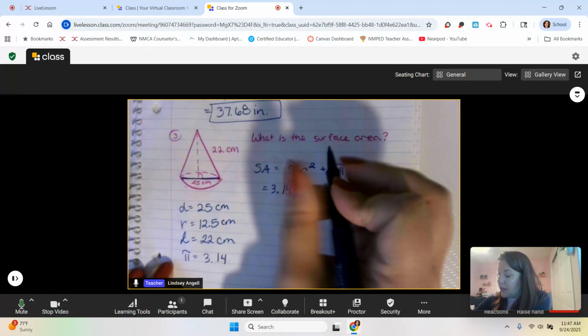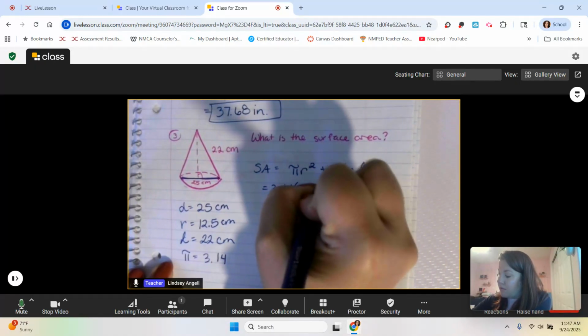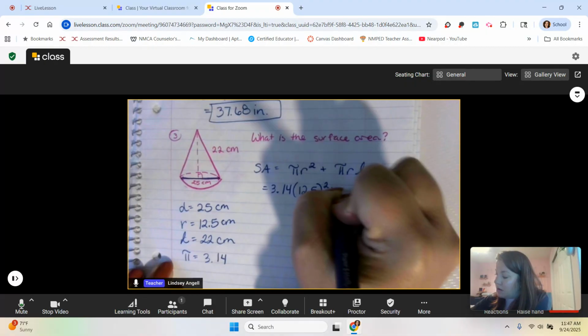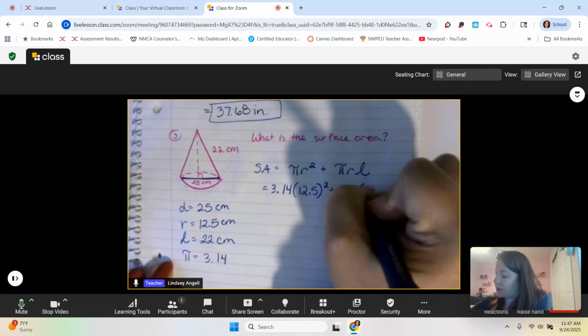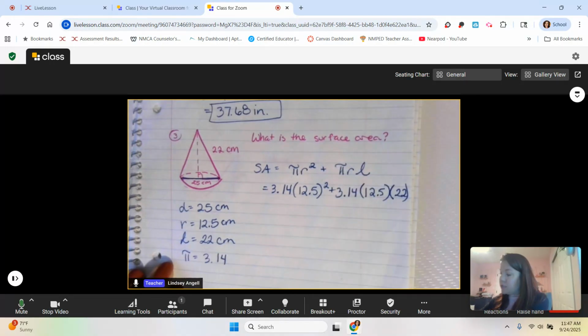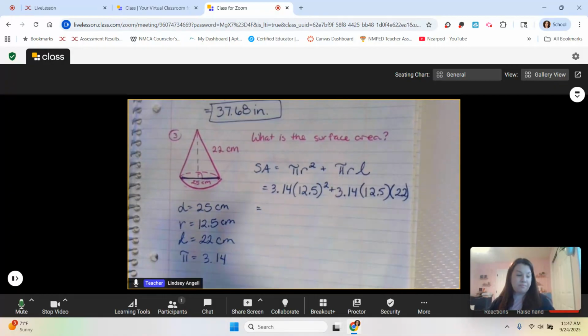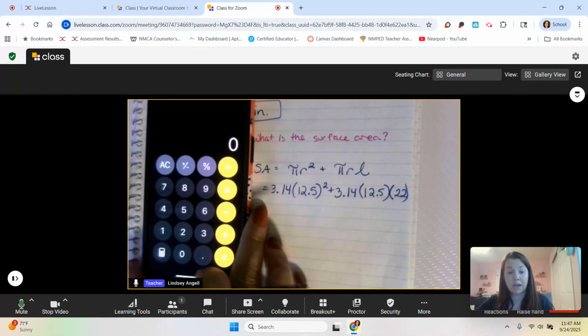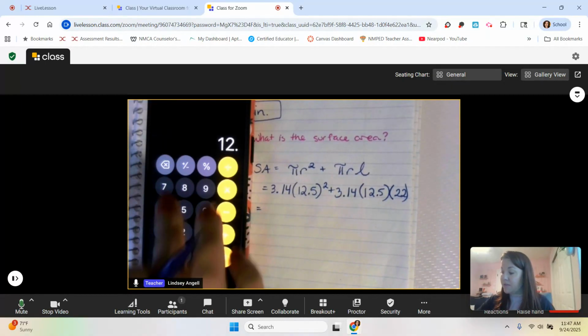3.14 times the radius squared. So 12.5 squared plus 3.14 times 12.5 times 22. Ooh, that was close. I almost ran out of room. Okay, I'm going to do part of this on a calculator. I don't know what 12.5 times 12.5 is off the top of my head.